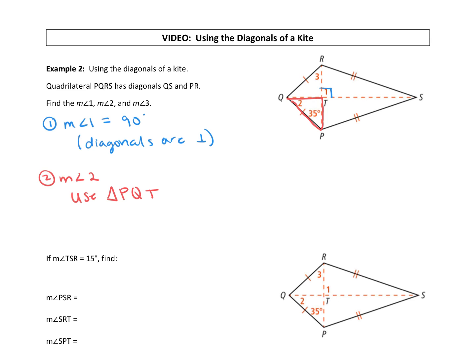We have this 35-degree angle right here, and because our diagonals are perpendicular, we also know that we have a right angle. So if we take the sum of angles in a triangle, which is 180 degrees, let's subtract out the 35 degrees and subtract out the 90 degrees. What we'll be left with is angle 2. And when we do that math, we get 55. So the measure of angle 2 is equal to 55 degrees.